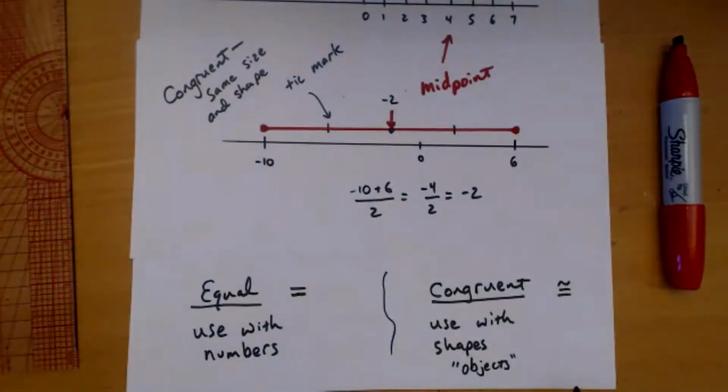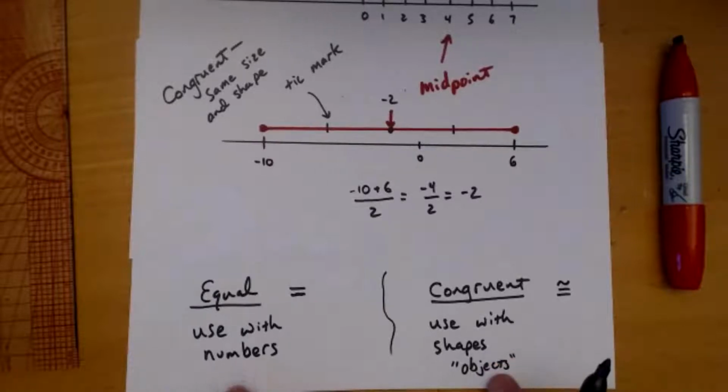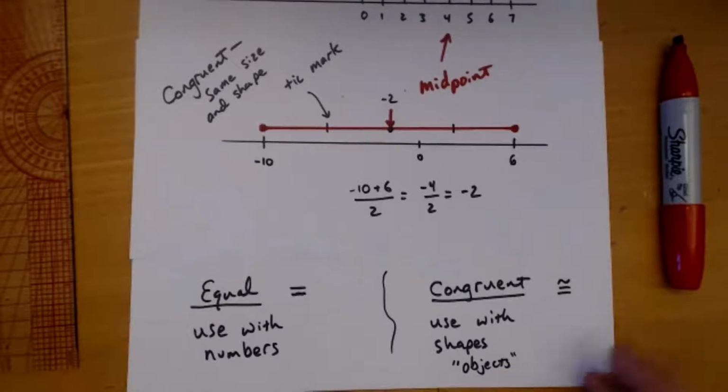Okay. So I just want to make sure that you understand that congruent and equal talk about the same idea. But one of them is equals because it works with numbers, and the other one works with things like a triangle can be congruent to another triangle. A square can be congruent to another square.